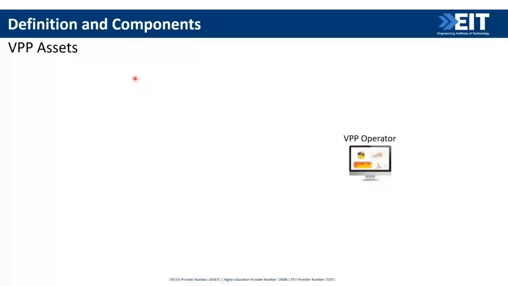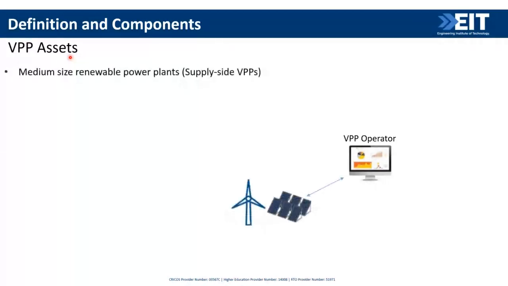Now, in terms of VPP assets, as I said, these are small systems and can be divided into three groups. First, we have small or medium-sized renewable power plants, such as wind or solar farms, with the capacity of, let's say, 100 kilowatts or a little bit more.